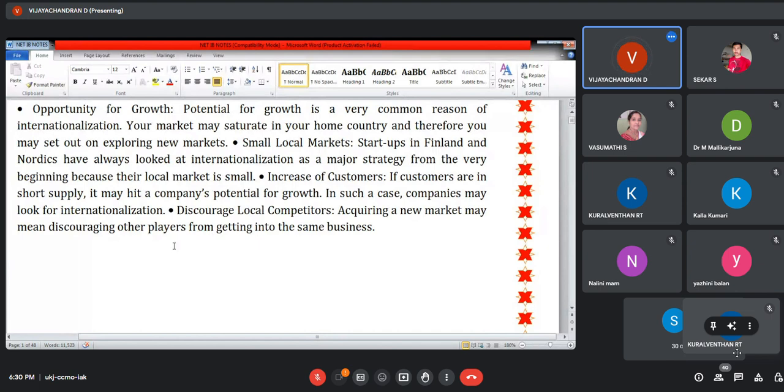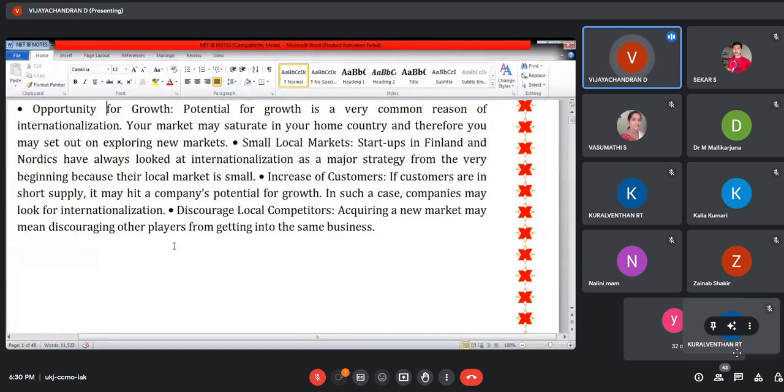Next one is increasing new customers. The next reason for IB is that they will increase the customers. If customers are in short supply, they get the product in a limited way. In the case of internationalization, it enables a variety of products.